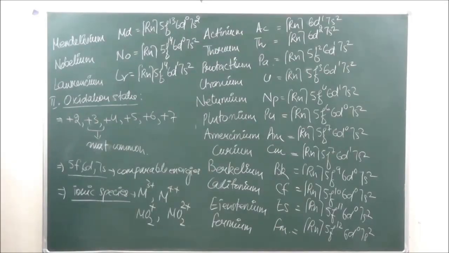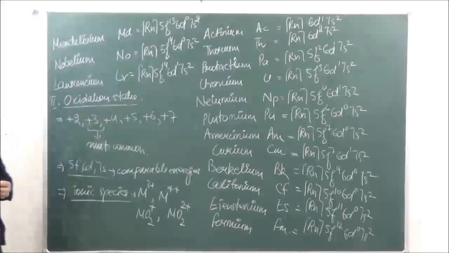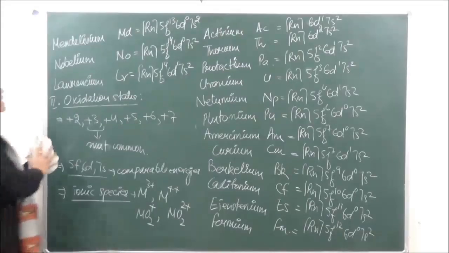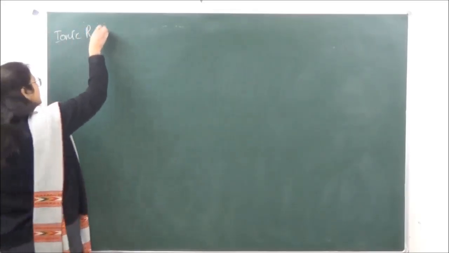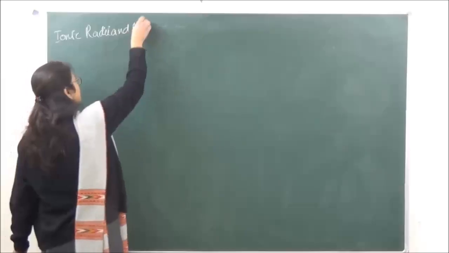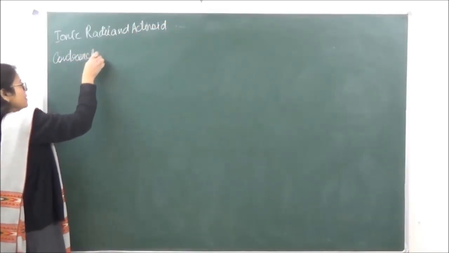Okay? So these are the oxidation states which are going to be present over here. Then after that we come to the ionic radii and actinoid contraction.